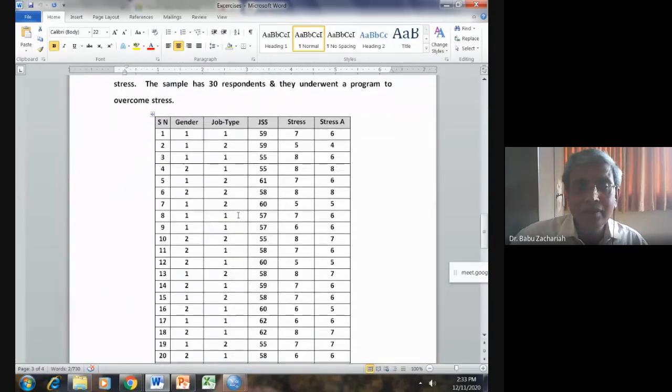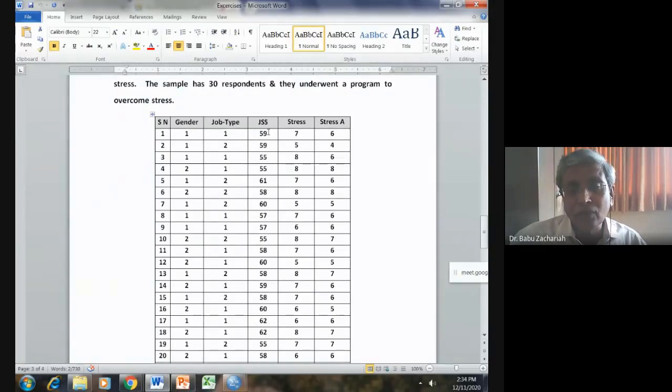Now, this is the data: serial number, gender coded as 1 and 2, 1 for male, 2 for female. Job type 1 and 2, 1 for clerk, 2 for officer. So these are coded variables, please remember. And they are categorical variables also in the research terms. And the last 3 are response variables.